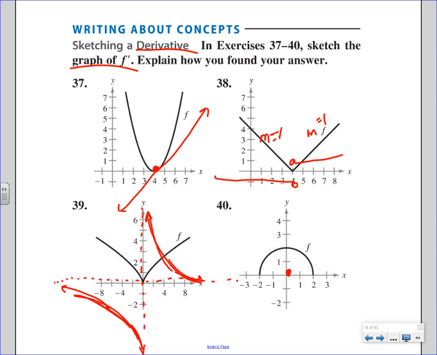Last but not least, this one's probably one of the funniest ones. Is this a parabola? No. So is the derivative going to be a line? No. But I do have a 0 here. And I do have the slopes going which way? Negative or positive? As they move to the right, they're going negative and going more negative.